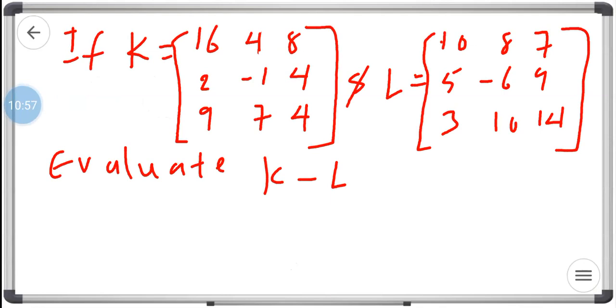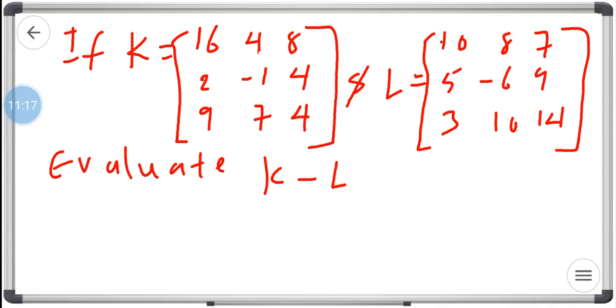Now from here, if you look at this question, you observe that this question was given to us under 3 by 3, because the order of matrix K is 3 rows and 3 columns. The order of matrix L as well, 3 rows and 3 columns.